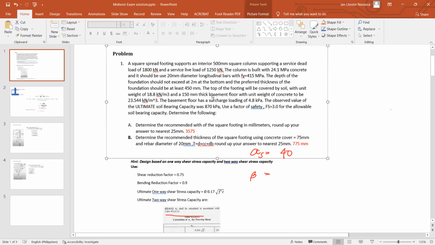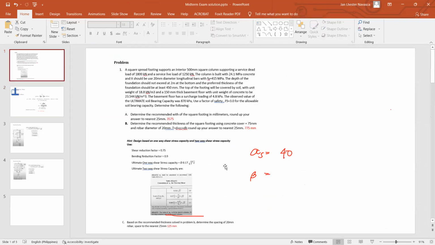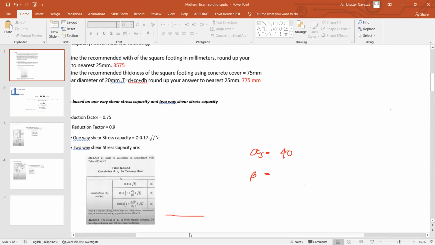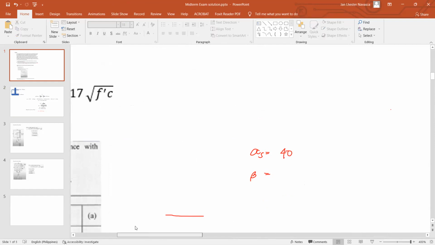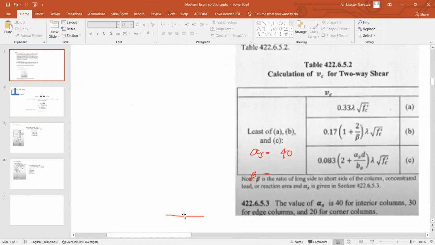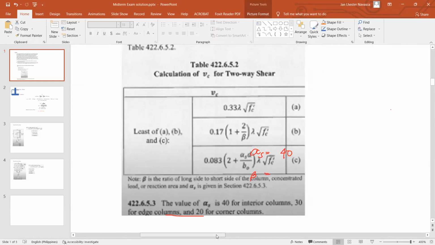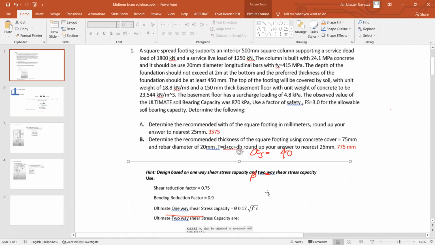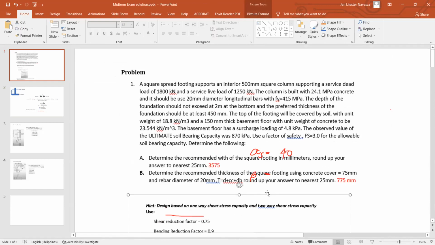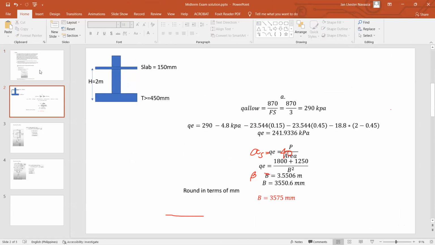Then also, what is your value of the beta? Okay, according to the provision, beta is the ratio of the long side to the short side of the column. So that is 500 by 500. So basically, that is 1.